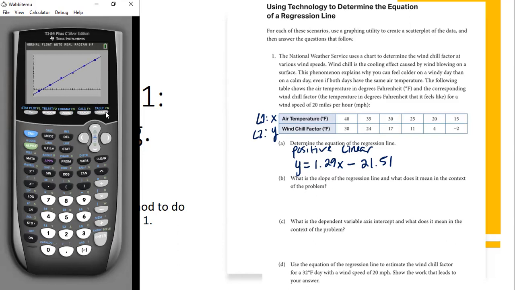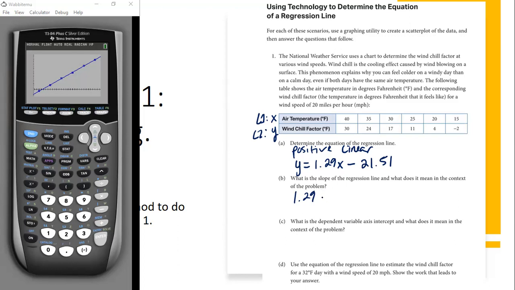All right, so now we have our slope. The problem says, what is the slope of the regression line and what does it mean in context? Well, our slope is 1 and 29/100. What does that mean? What does slope mean? It's our rate of change between our what? For this problem. There we go.